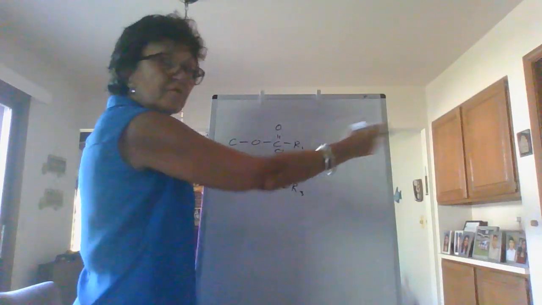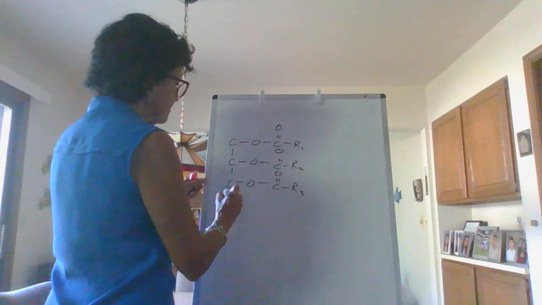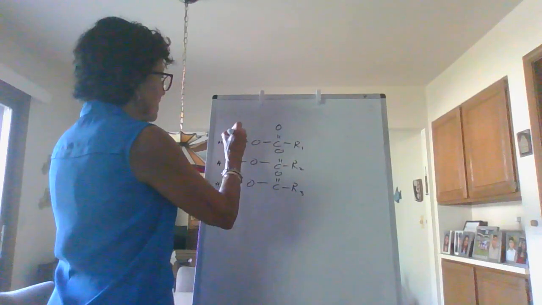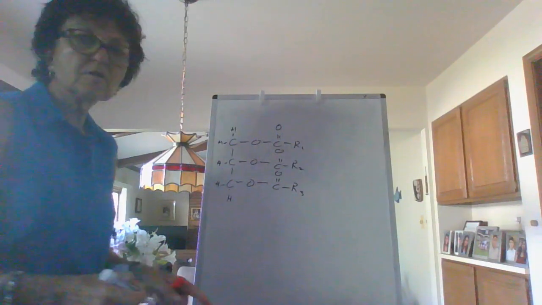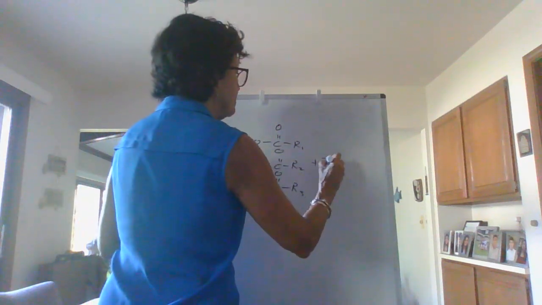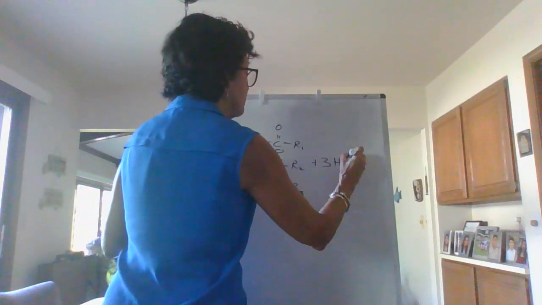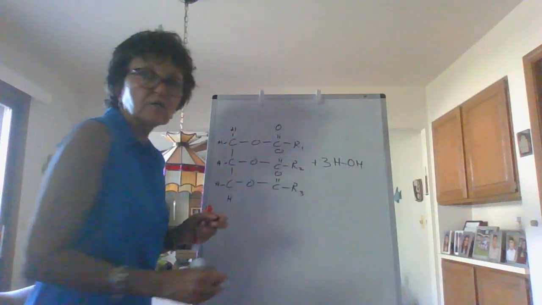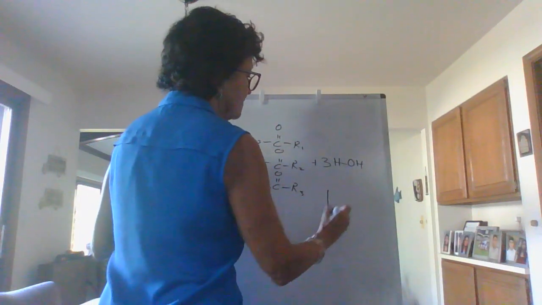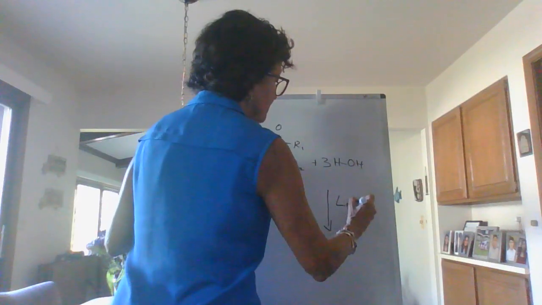So it doesn't really matter what the fatty acids are because hydrolysis doesn't affect the fatty acids. All right. So this is my hypothetical triglyceride. And now I'm going to add 3 molecules of water. Remember, water is HOH. And then I'm going to use the enzyme lipase.